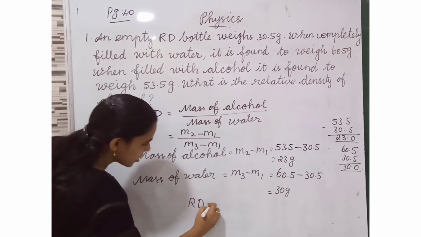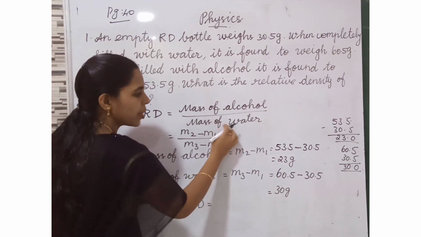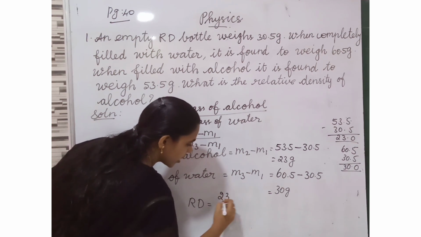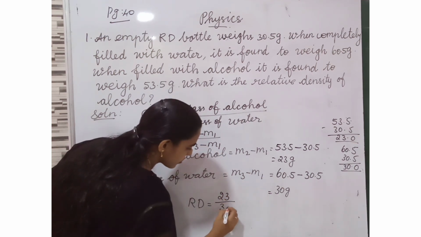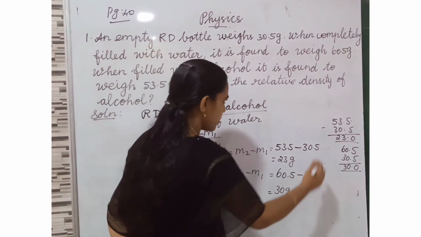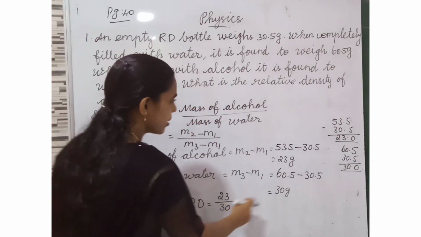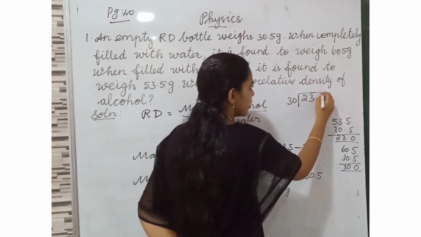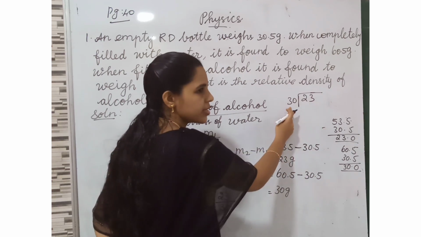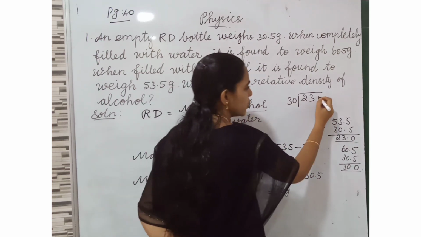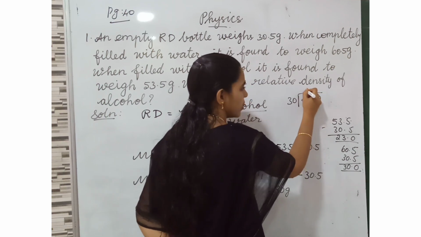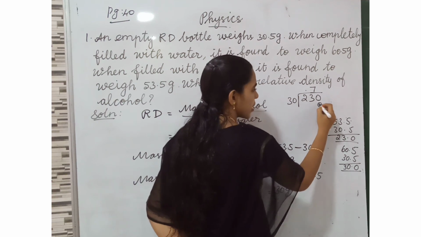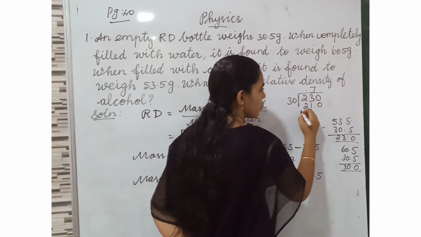What is the formula for relative density? RD, relative density, is equal to mass of alcohol by mass of water. Mass of alcohol is 23 gram. So 23 divided by 30. Shall we divide this number? Listen. 23, then 30. Can you divide? This is the small number, this is the big number. So, we have to write 0 here, 1 decimal. Okay. Then 7. 3 sevens are 21.